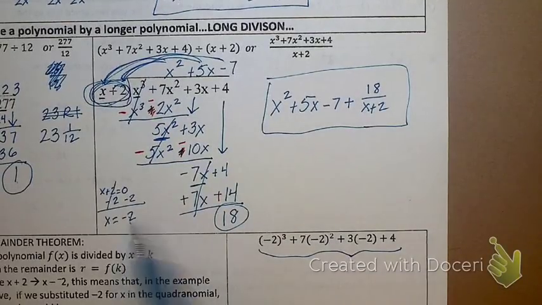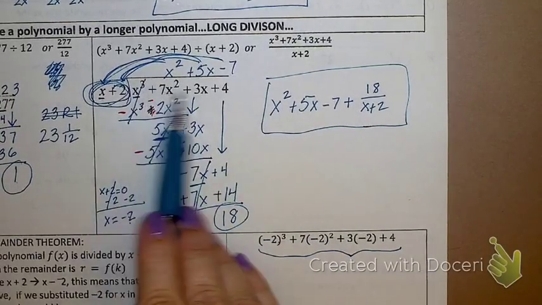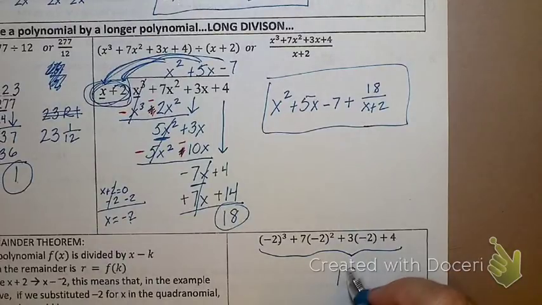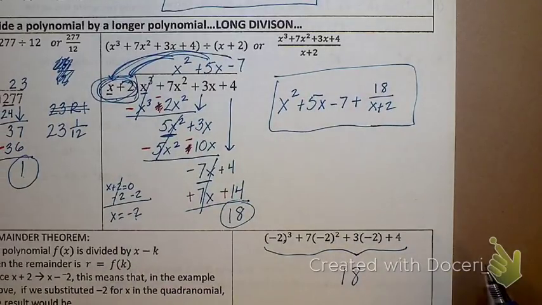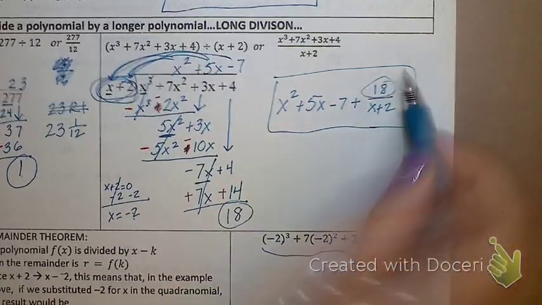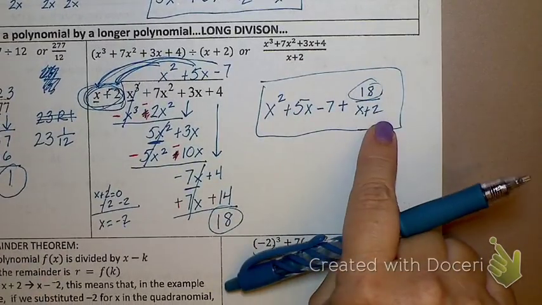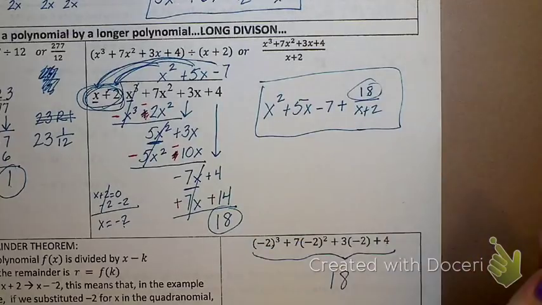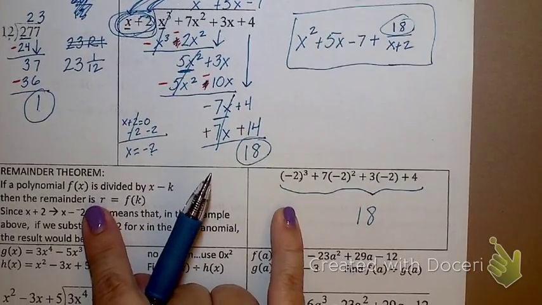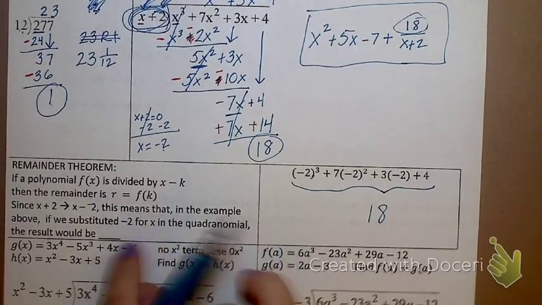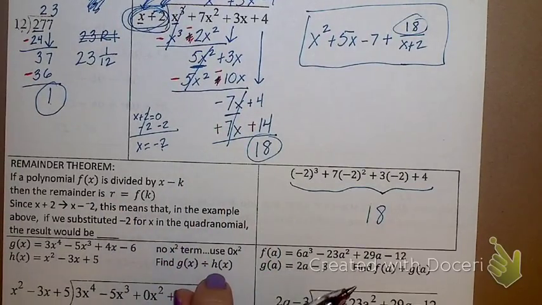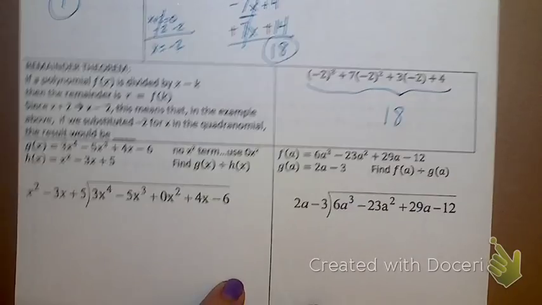It's taking that negative 2 and plugging it in for x here, and when you solve that, you get a result of 18. So just by doing that, I can tell that is not a factor. So when you divide it, you're going to have a remainder with that fraction at the end. Okay? That theorem will be helpful more so in the next couple chapters. So we'll revisit that one as well.